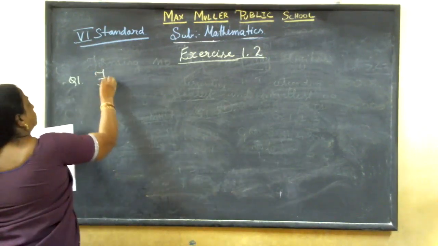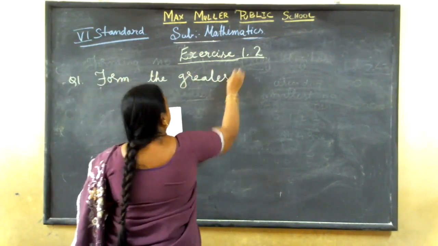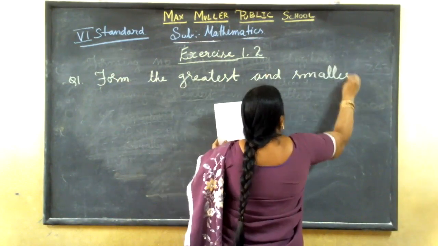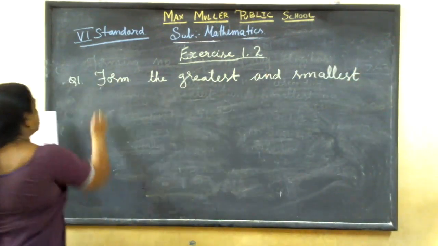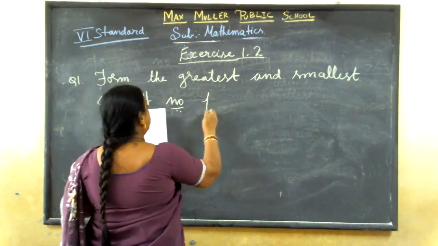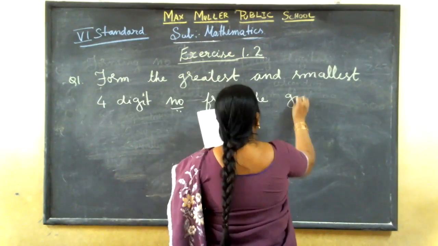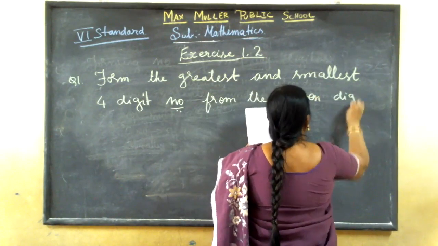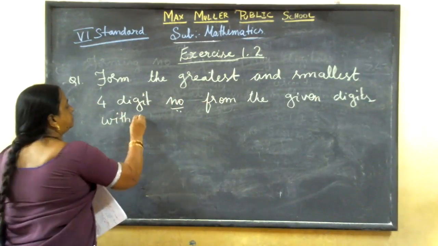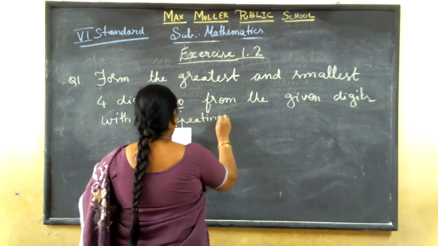Form the greatest and smallest 4-digit number from the given digits without repeating any digit.